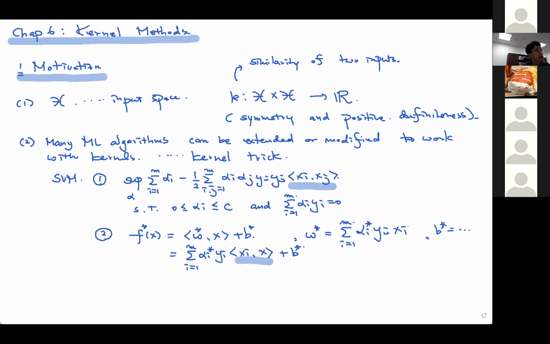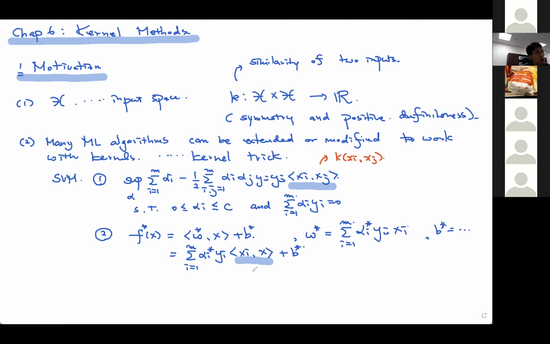We can change this algorithm using kernels, so that instead of computing the inner products, we compute the kernel value of x_i and x_j. Also for the classifier, which computes this f star of x and then takes its sign and classifies plus or minus based on the sign.